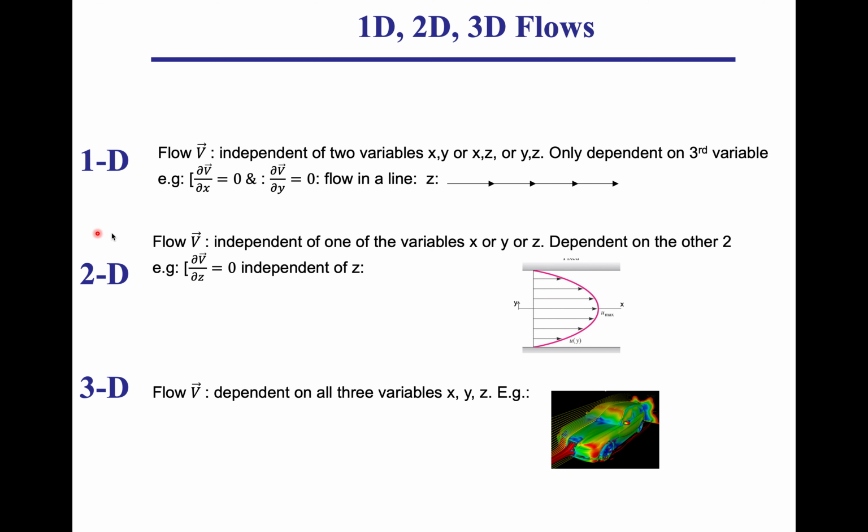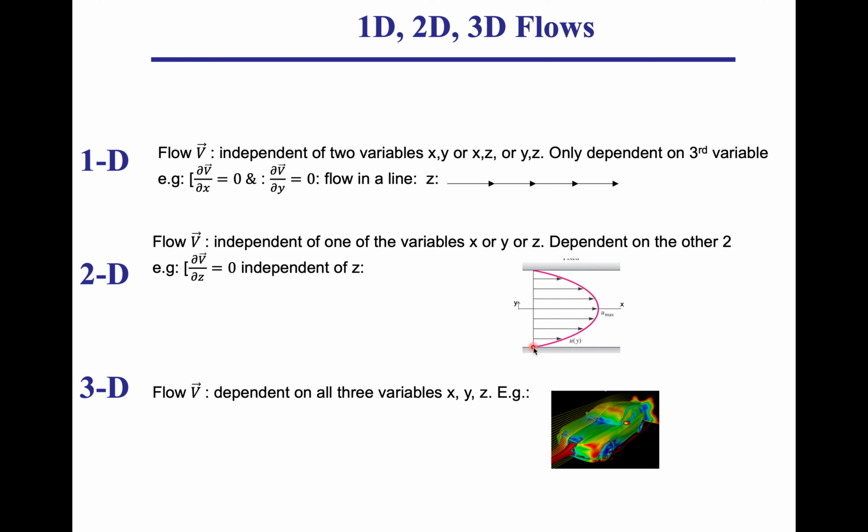If you look at a 2D flow, just like we looked at before, we have our two variables x and y, and it could be that the velocity in the u direction varies according to some function of y.